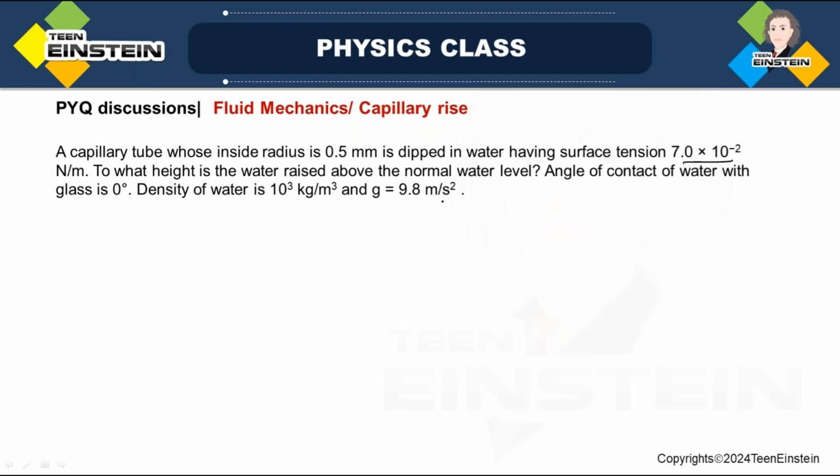So as I said, there are no options given over here. We'll try to solve this. This is purely from the formula itself we can solve. If you know the formula, see what information is given over here. The inner radius of the capillary tube is 0.5 millimeters.